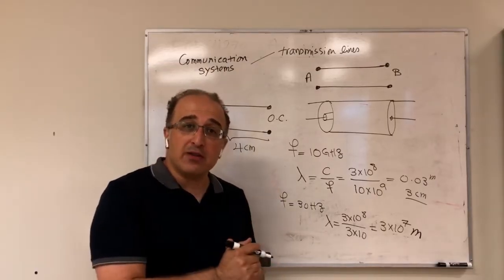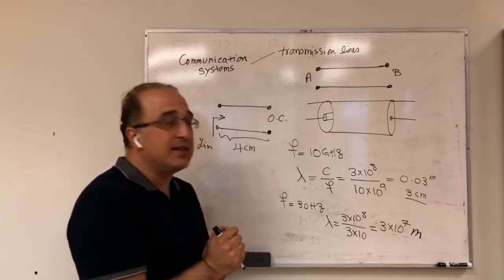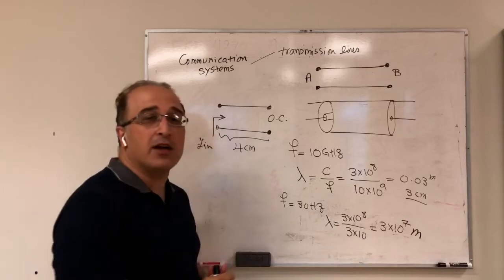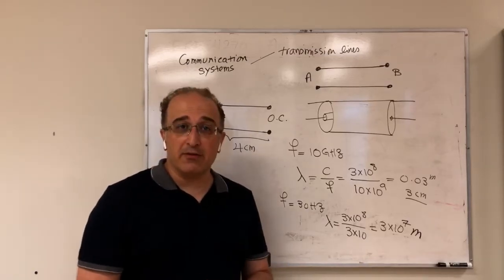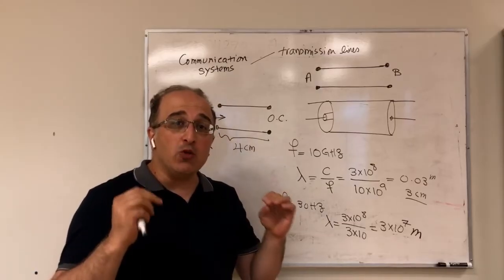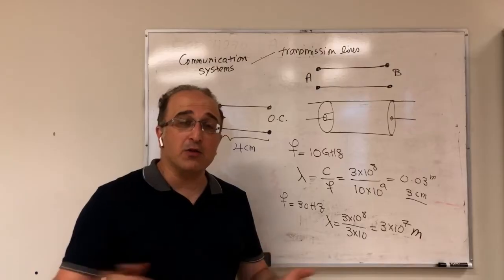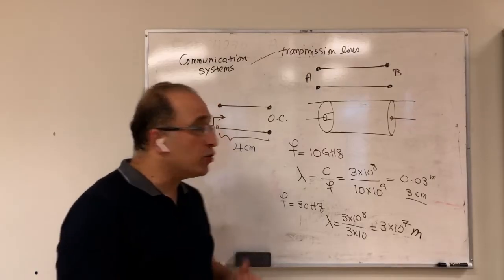You have to use transmission line theory in this case, because the size of the circuit, in this case the two-wire transmission line, is comparable to wavelengths. So remember, when the frequency goes up, you are dealing with transmission lines in contrast to lumped circuit theory. So you need to be careful.